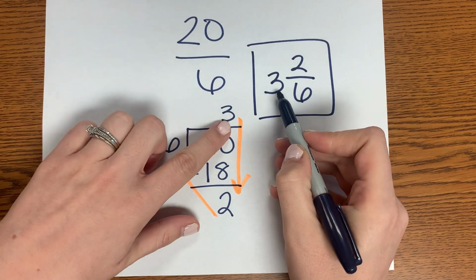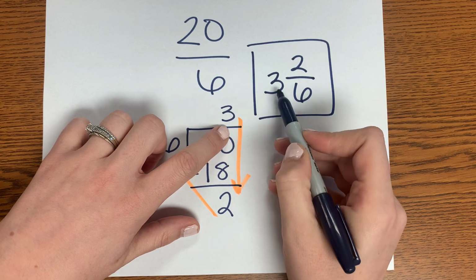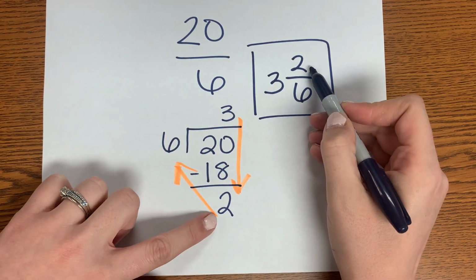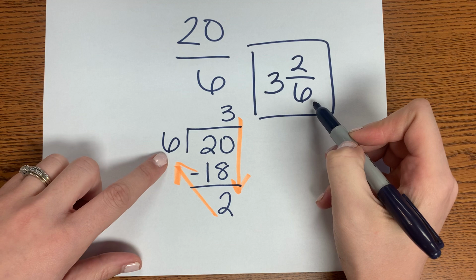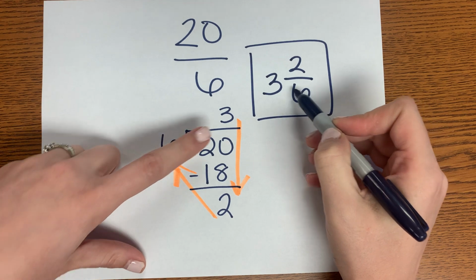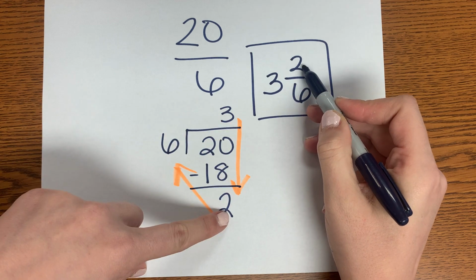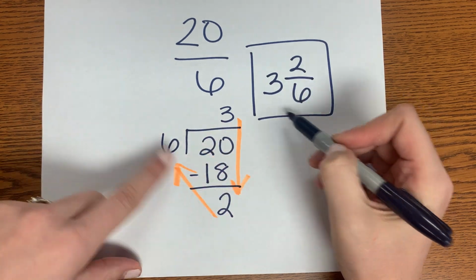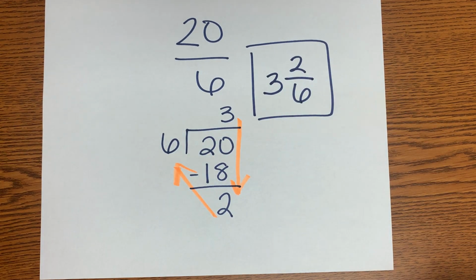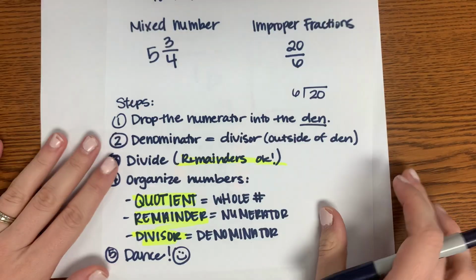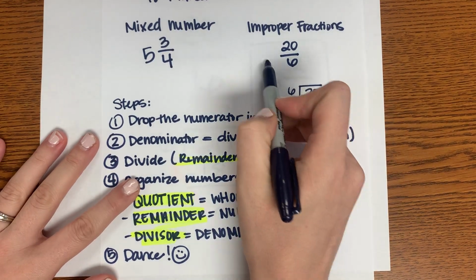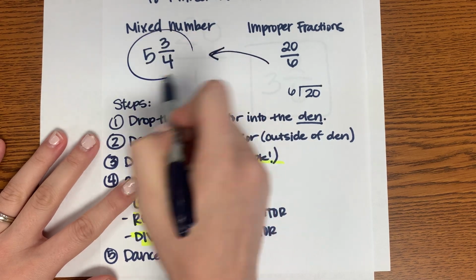So I got my 3 right here. The quotient is our whole number. Our remainder is our numerator, and our denominator will stay the same. So 3 and 2/6. And that's how we take an improper fraction and turn it into a mixed number.